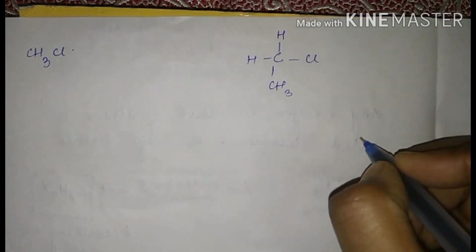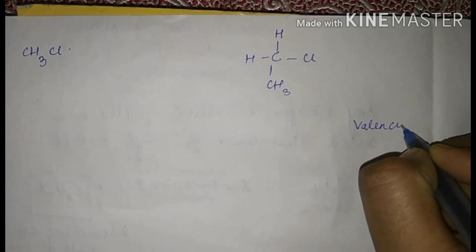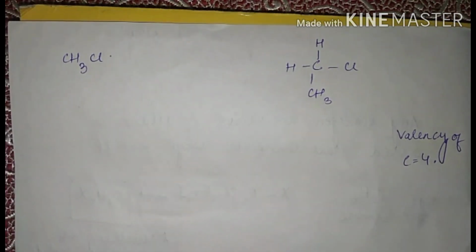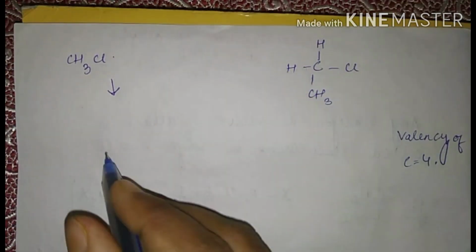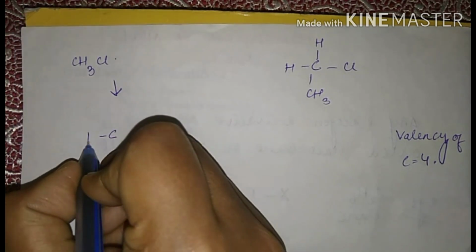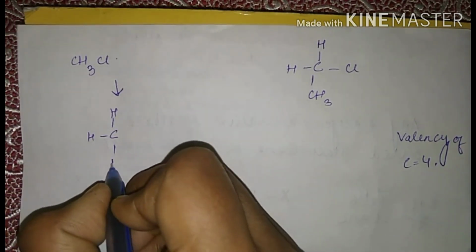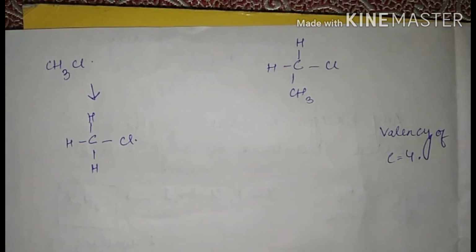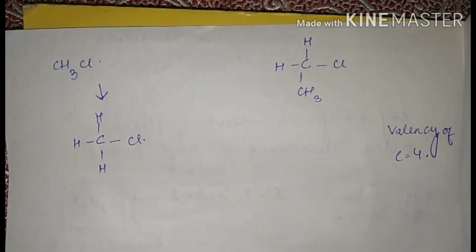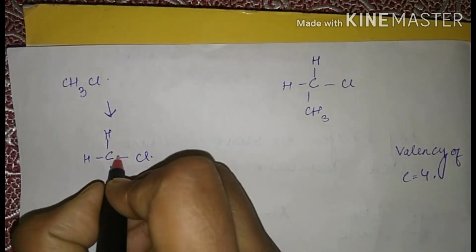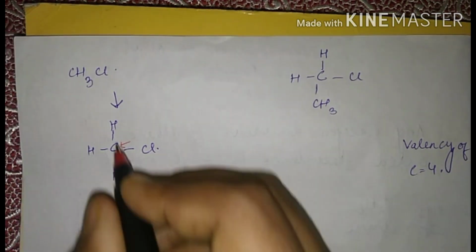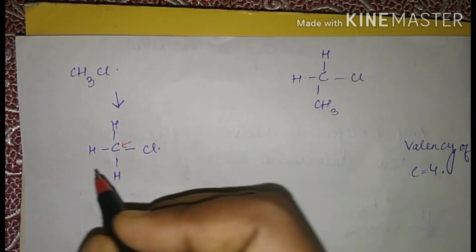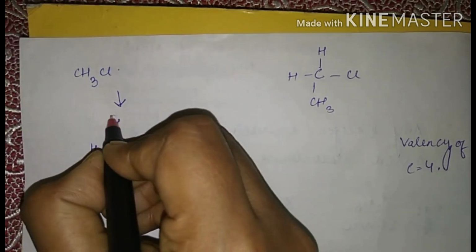Always remember that the valency of carbon is 4. Now, if we expand the structure of methyl chloride, it comes out to be CH3Cl, drawn as C, H, H, H, Cl. Now, we see that the halogen group is connected to this carbon atom. Correspondingly, this carbon atom is connected to how many other carbon atoms? Is this a carbon atom? Is this a carbon atom?